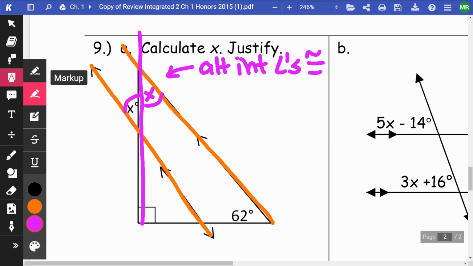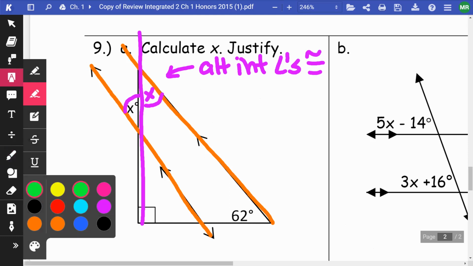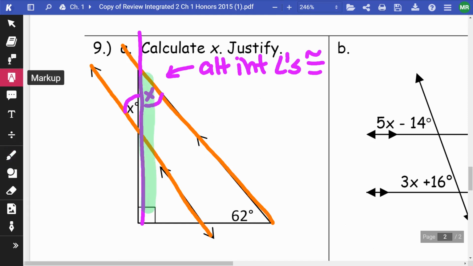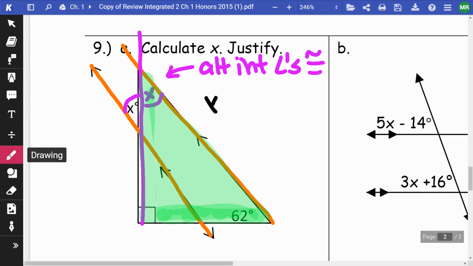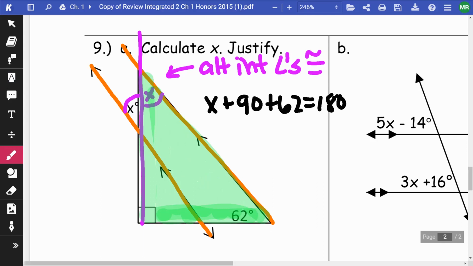The next thing I'm going to do is look at this triangle that I'm coloring green. In this triangle, I know that all the angles in a triangle add to 180. So I'm going to take my x plus my 90 plus my 62 equals 180.